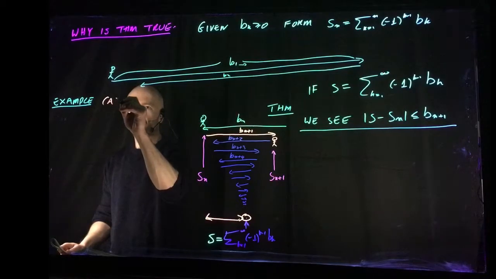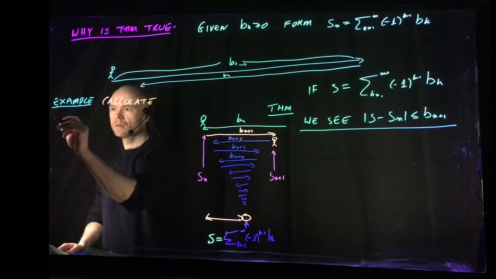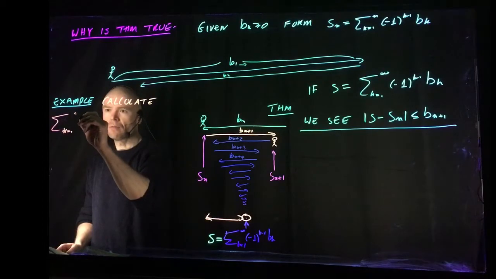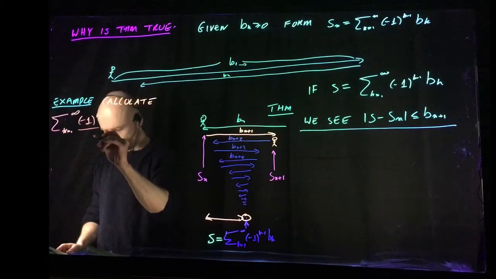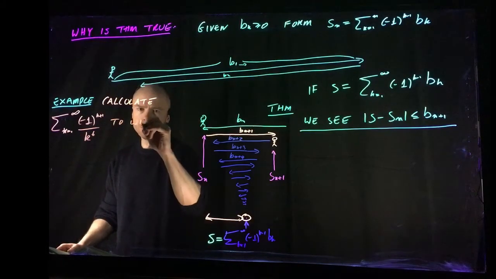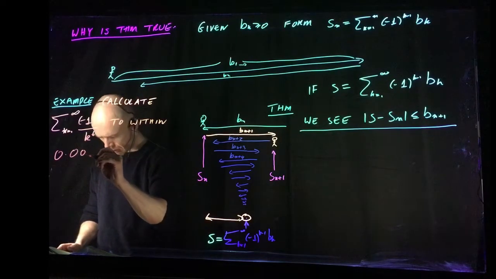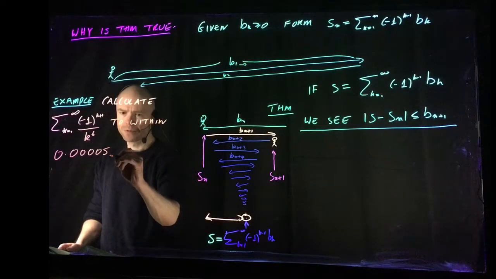Calculate the sum from k equals 1 to infinity of minus 1 to the k plus 1 over k to the 6, to within 0.00005.